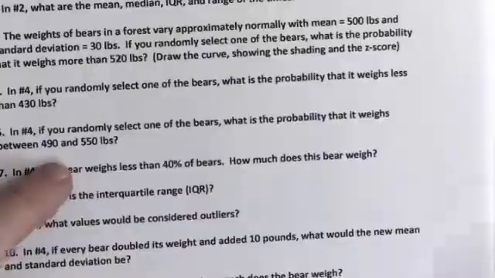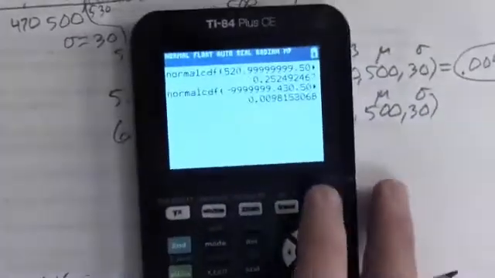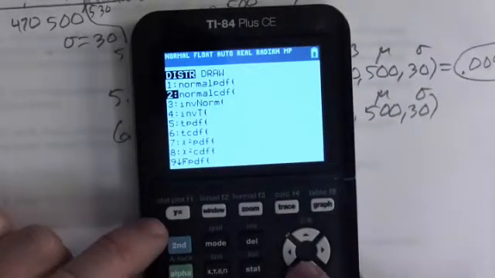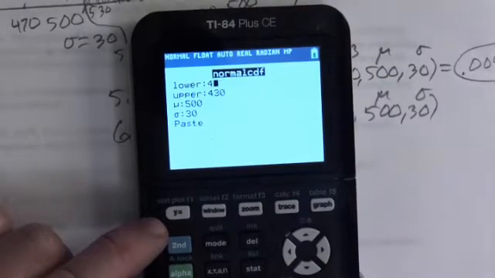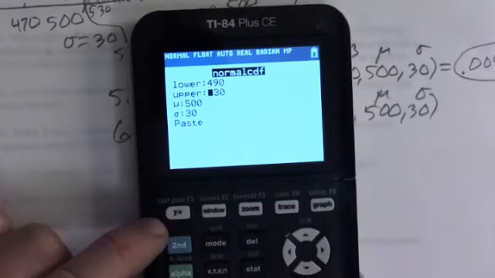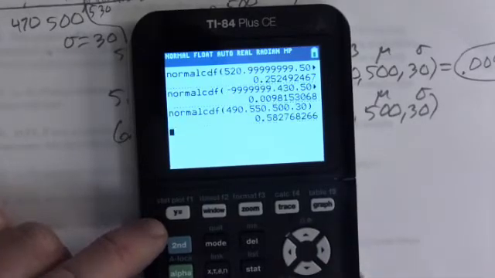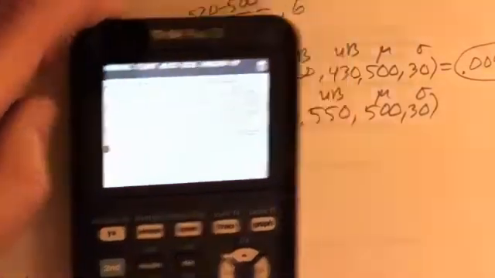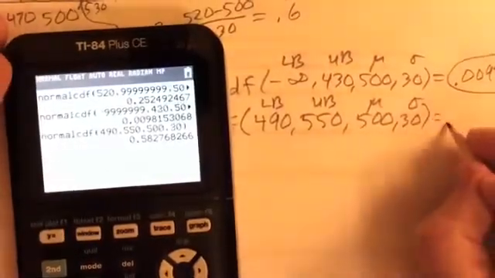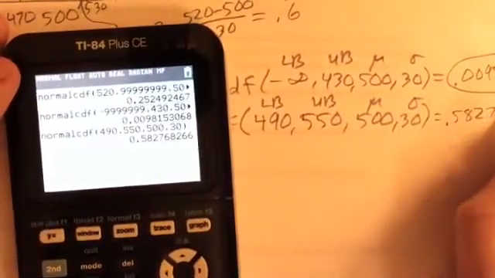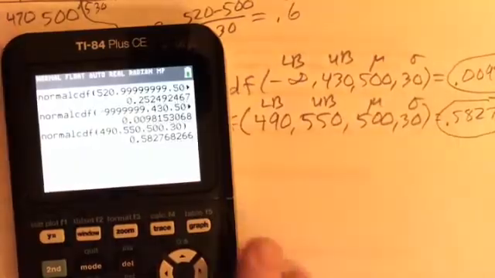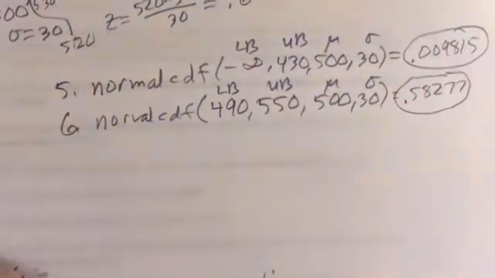And so here we go. Second distribution, normal CDF from 490 to 550, mean 500, standard deviation 30, and we get 0.58277. So there we go.